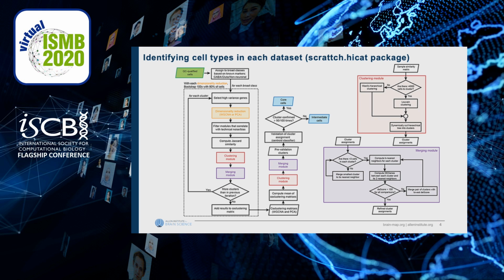Then we find high variance genes in reduced dimensions with either WGCNA or PCA. These modules are then filtered to exclude ones that tend to correlate with technical effects, such as batch-specific modules or donor-specific modules.